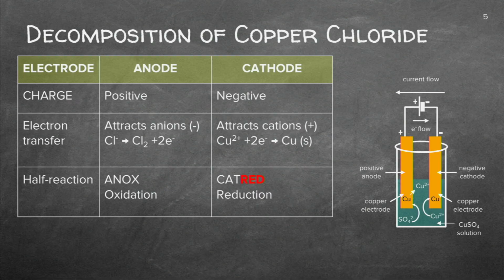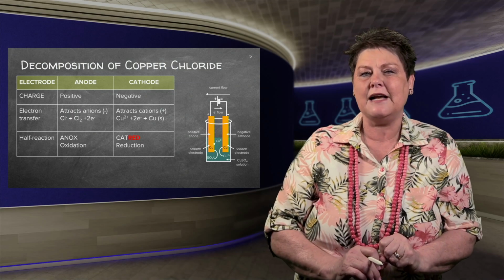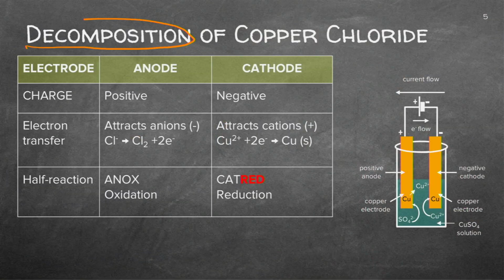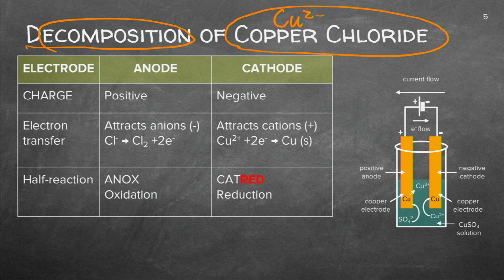Now the first type of electrolytic cell we are going to do is the one where we decompose copper chloride. Now remember, copper will be copper 2 plus, and chloride, because there's one charge there, I will have two of these. So in my cell electrolyte here, I've got copper 2 plus and chloride ions.